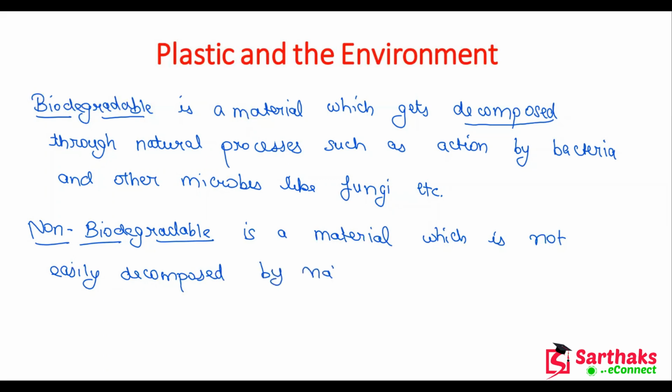An example of a non-biodegradable material is plastic. Plastic is very hard to decompose, and that's why it comes under the category of non-biodegradable material, and why it is harmful for our nature. There is a lot of plastic in our oceans also, which is harmful for our aquatic life.